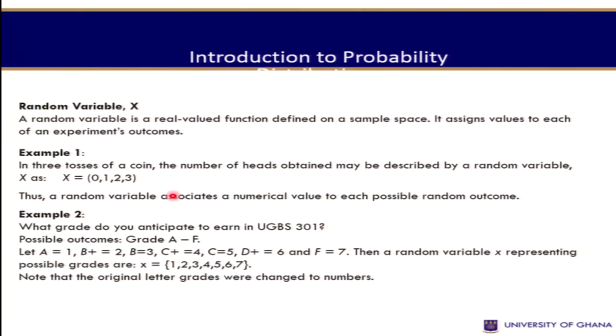So there are other examples of random variables. Another example is, what grade do you anticipate to earn in UGBS 301?